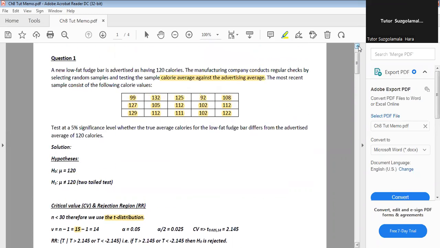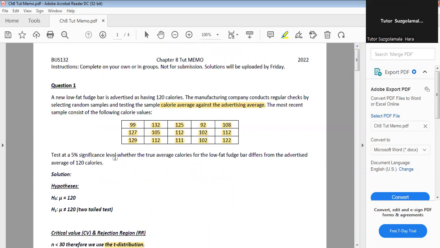Our alpha here is given as 5% significance level. Remember that 5% significance level is the same as 95% confidence. They can say 95% or 5%, they can also say 10% or 90%. It's the same value. The answer will be 0.05.